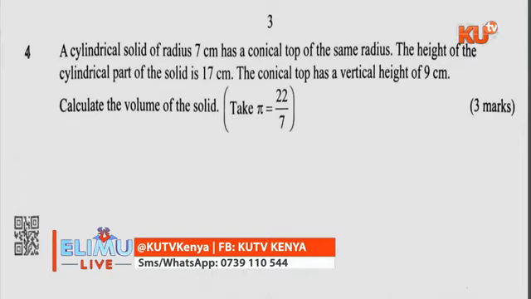That means the vertical height of the cylindrical part is 17 centimeters. The conical top has a vertical height of 9 centimeters. This vertical distance of the cone is 9 centimeters.